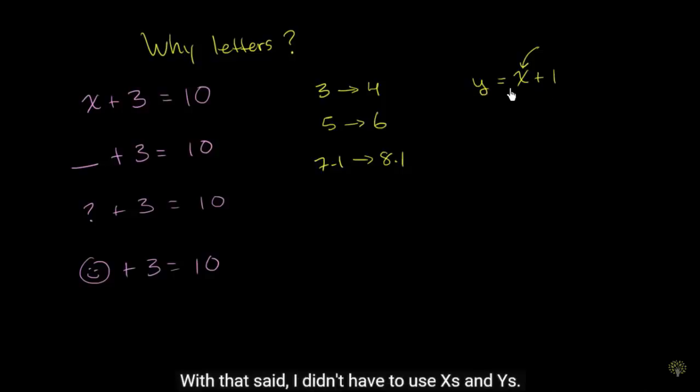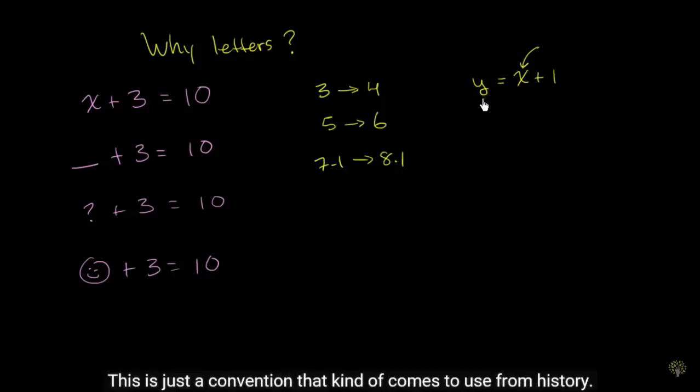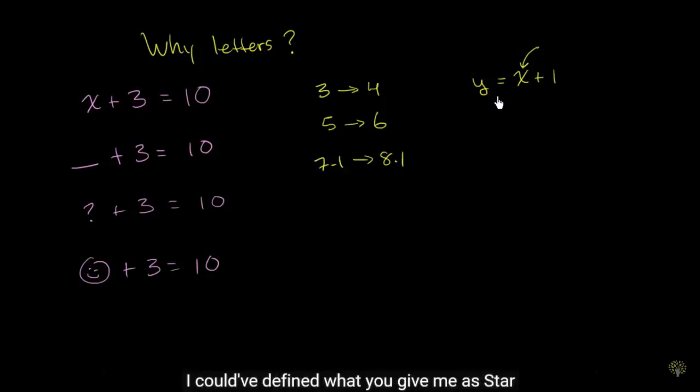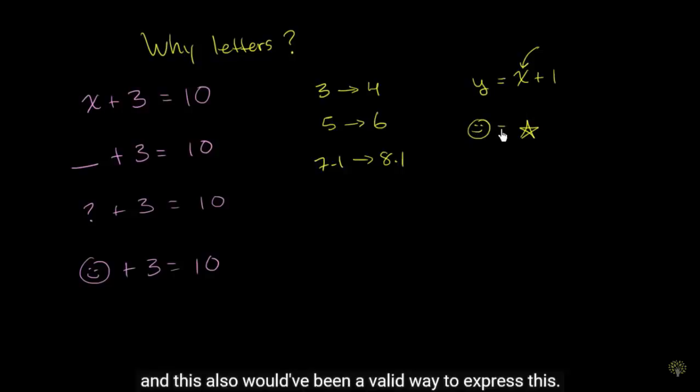With that said, I didn't have to use X's and Y's. This is just a convention that kind of comes to us from history. I could have defined what you give me as star, and what I give you as, I don't know, smiley face. And this also would have been a valid way to express this. So the letters are really just symbols, nothing more.